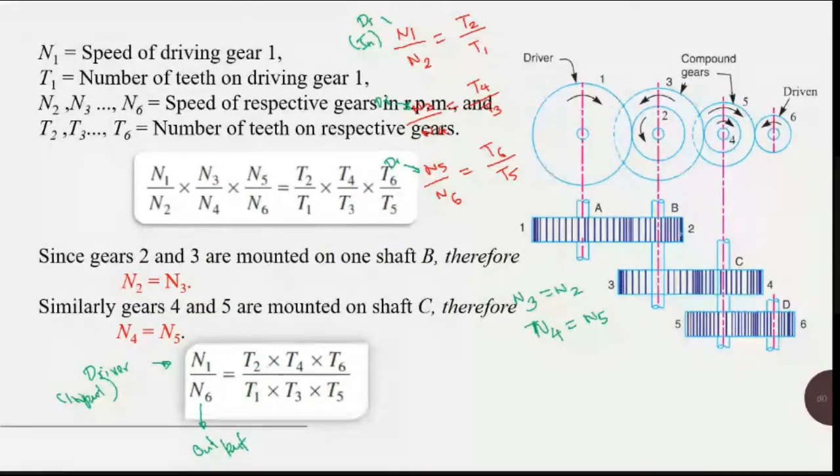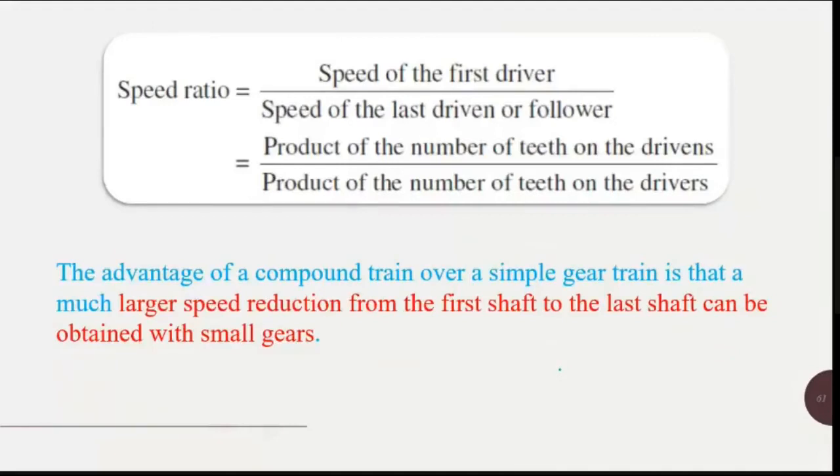If we consider the even numbers, 2, 4, 6, are they driver or driven? Driven, sir. Driven. So I can say that driven gear teeth divided by driver gear teeth, right? So I can write it like this.